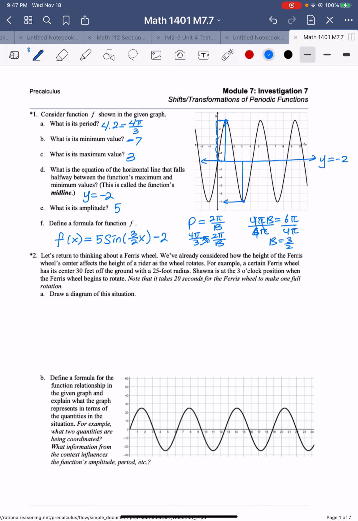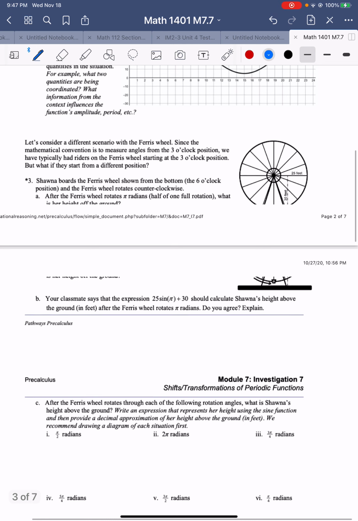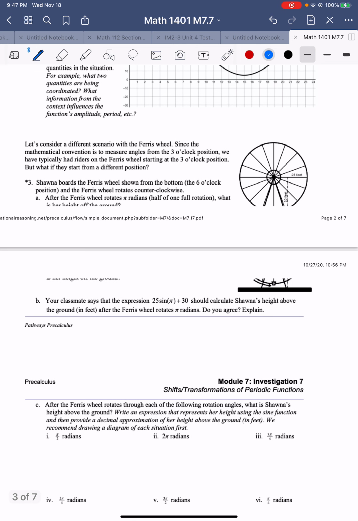And then I'm going to do number 3. Number 3 is about the Ferris wheel again. So let's consider a different scenario with the Ferris wheel. Since the mathematical convention is to measure angle from the 3 o'clock position, we have typically had a rider on the Ferris wheel starting at the 3 o'clock position, but what if we start from different positions?